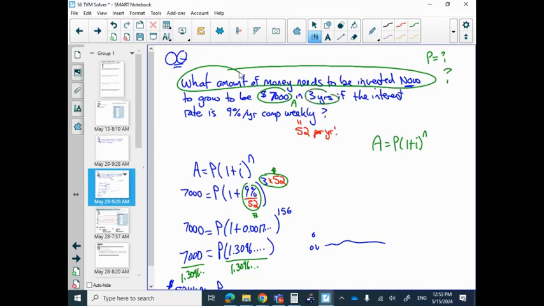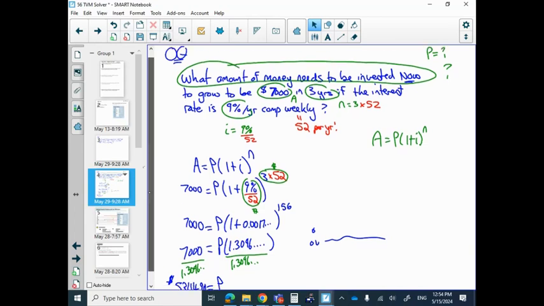So that's part of your N, but because we're compounding weekly, we have a 3 times 52. And our interest rate is 9%. So our I is 9%, but we're going to divide it into 52 tiny little pieces. Right? So there's those things all in the equation.